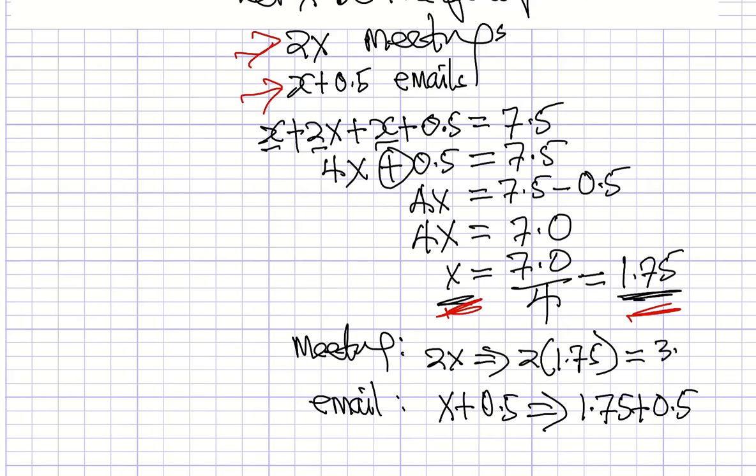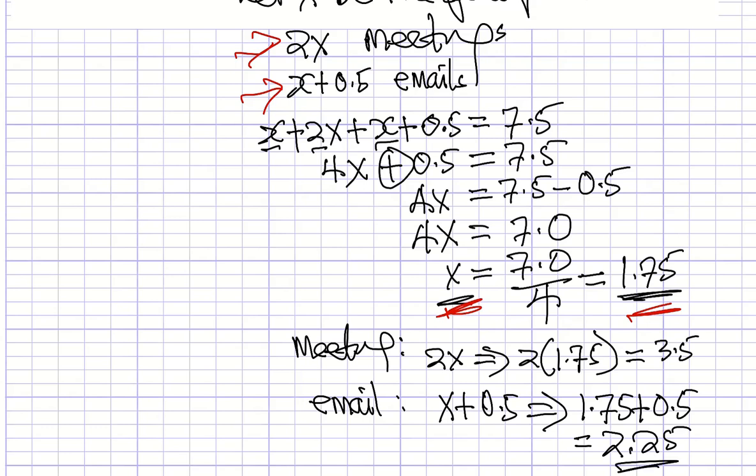This is 3.5, and this one here is... what is that thing there? Hang on a minute. It's gotta be 1.75 plus 0.5, right? It's gotta be 2.25.